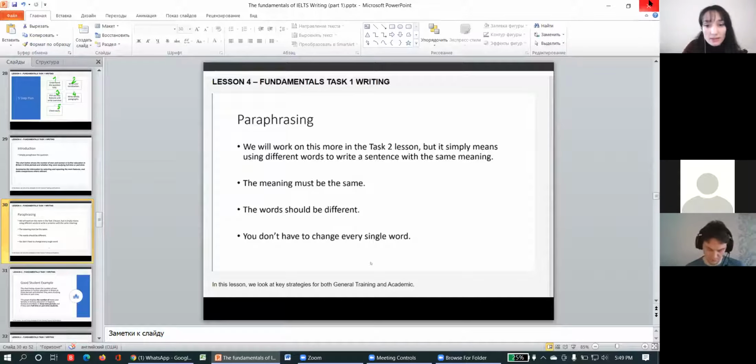The meaning must be the same. The words should be different. You shouldn't say something else. I mean, you should use the synonyms that express exactly the same thing. You shouldn't overwork there. You don't have to change every single word.